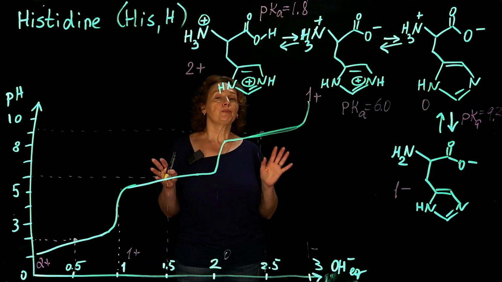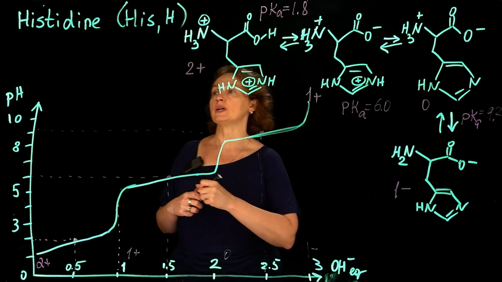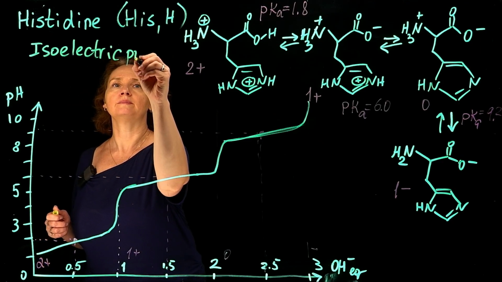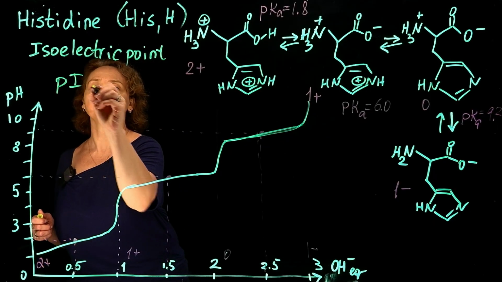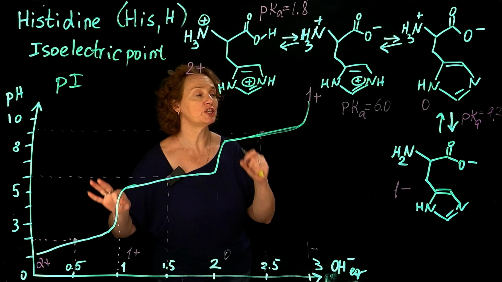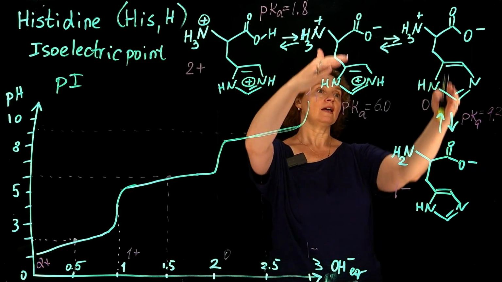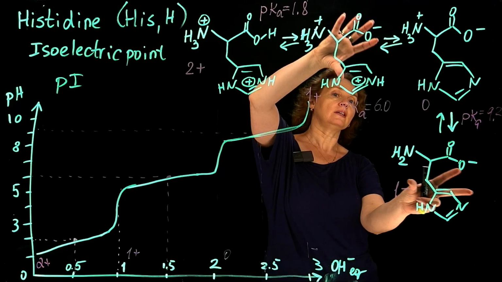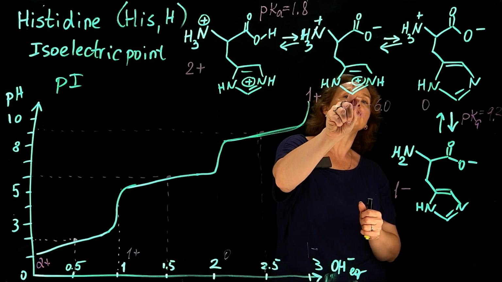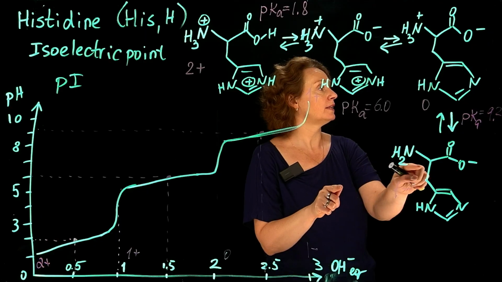Now, which pKa's do we need to average in order to determine the PI, the isoelectric point of histidine? Don't forget the definition of the PI: it is the pH at which the neutral form, which is right here, is maximized. As you can see, this neutral form is maximized somewhere in between those two forms. You need to already deprotonate the side chain, but you still need to have the amino group protonated.